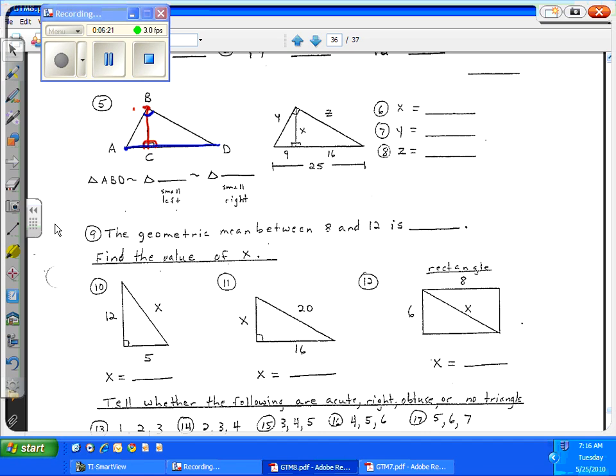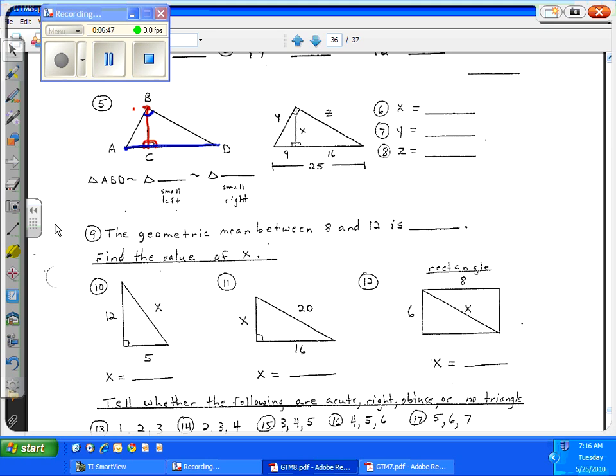If the altitude is drawn to the hypotenuse of a right triangle, then the two smaller triangles created are similar to the whole big triangle, which creates the geometric mean concept.